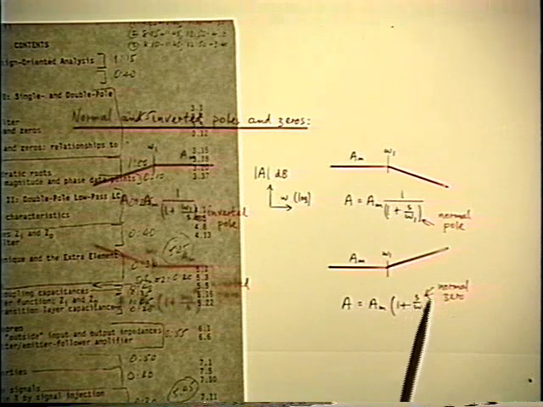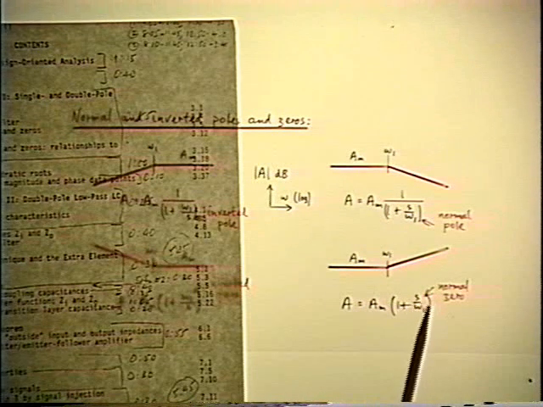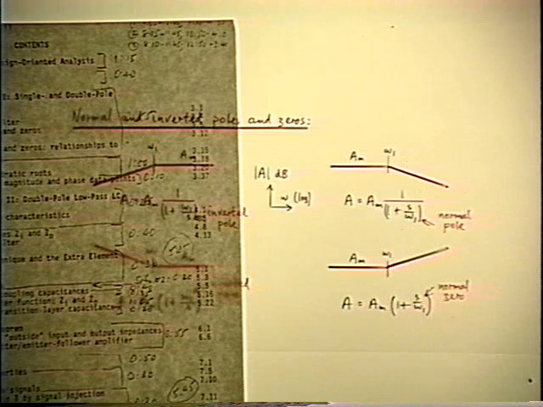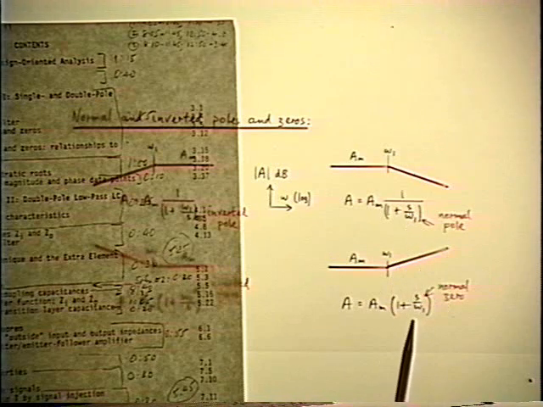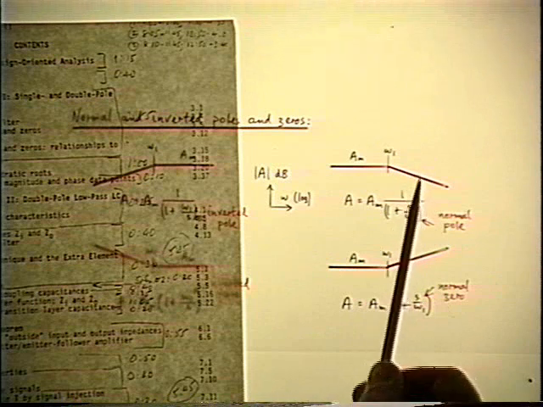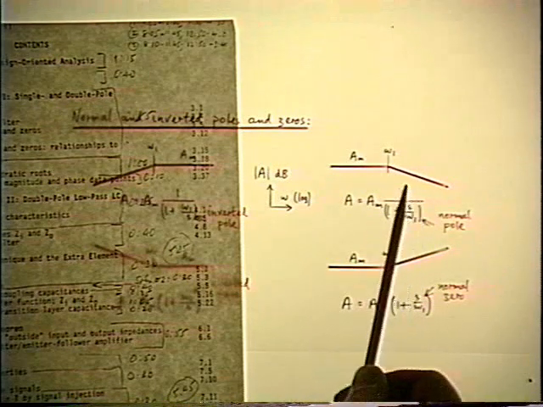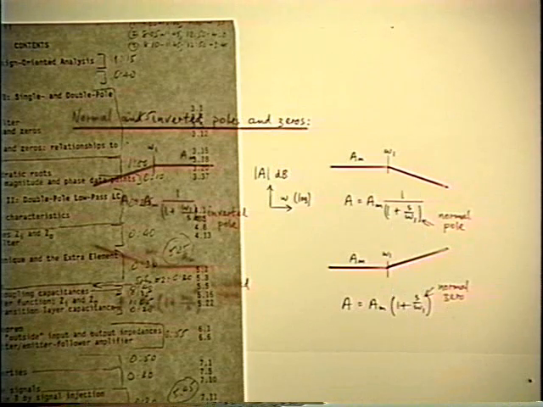The bottom picture is a zero. It's a 1 plus s term in the numerator. Notice that the relationship between those two results is, algebraically, the s factor moves from denominator to numerator. Pictorially, it's an inversion of the diagram. It's turned upside down.